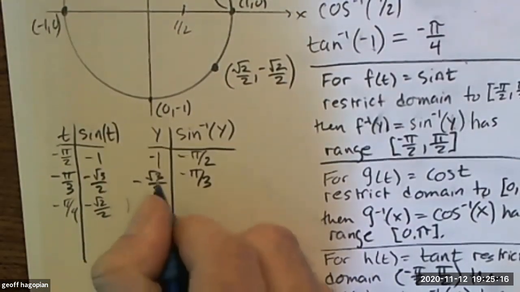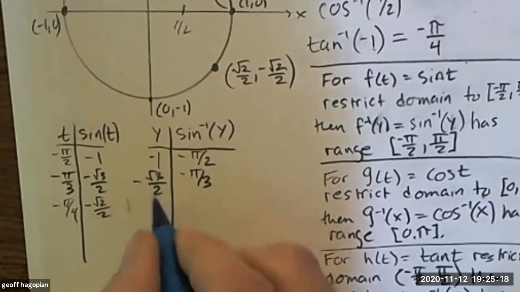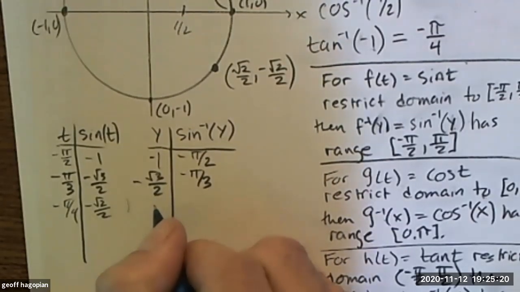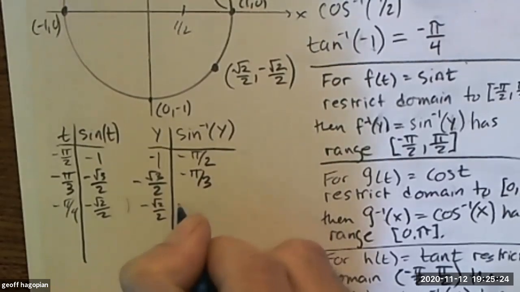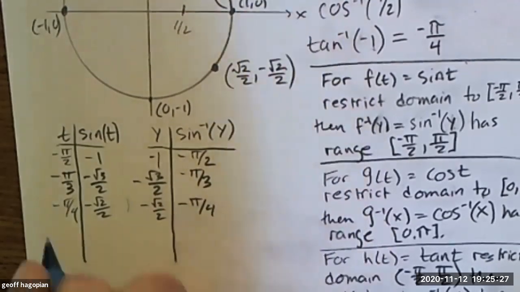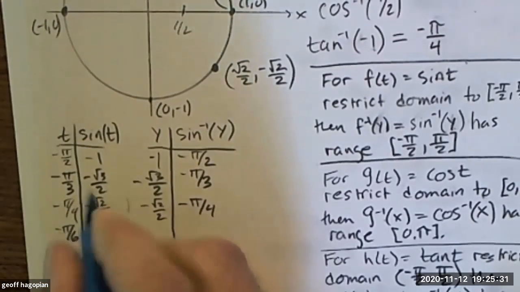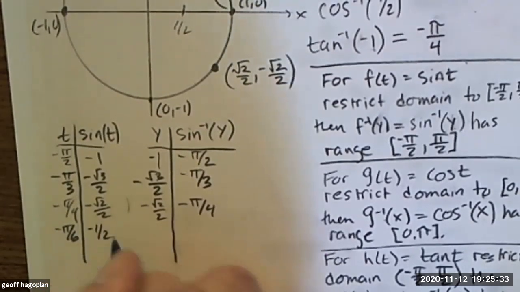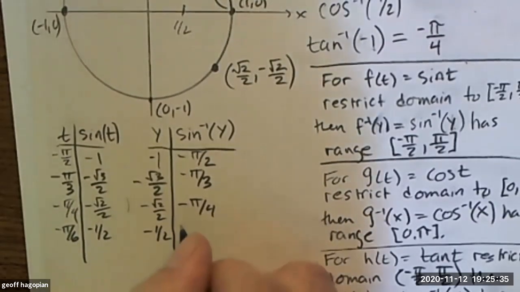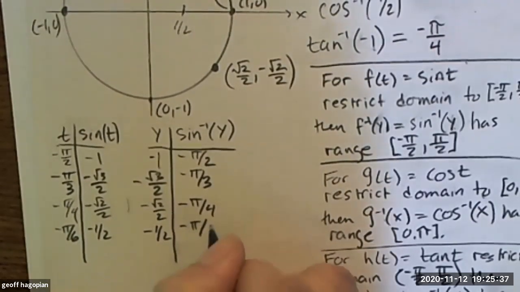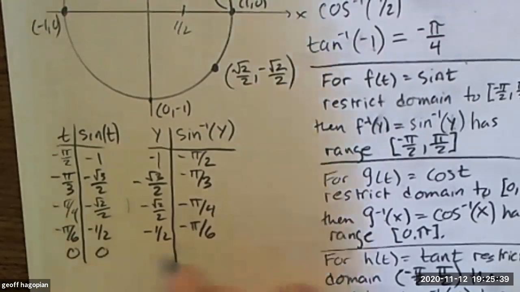So here, if we have negative square root of 2 over 2 as the input, then the output will be the arc negative pi over 4. And negative pi over 6 takes us to negative 1/2. Negative 1/2 then will lead to the arc negative pi over 6, and then 0, 0, right?